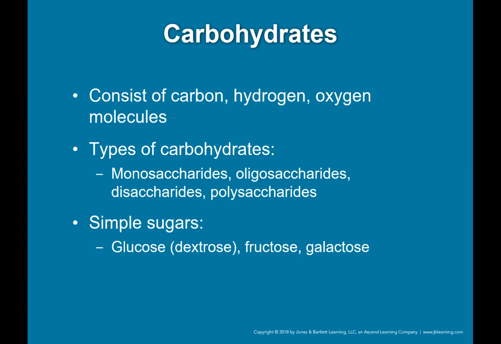So they are polysaccharides, poly meaning multiple. Monosaccharides, examples are simple sugars: glucose, dextrose, fructose, so fruit juices, galactose. Galactose is mainly found in dairy products, and it's pretty limited how much is in dairy products, but milk, cheeses, those are technically examples of galactose.